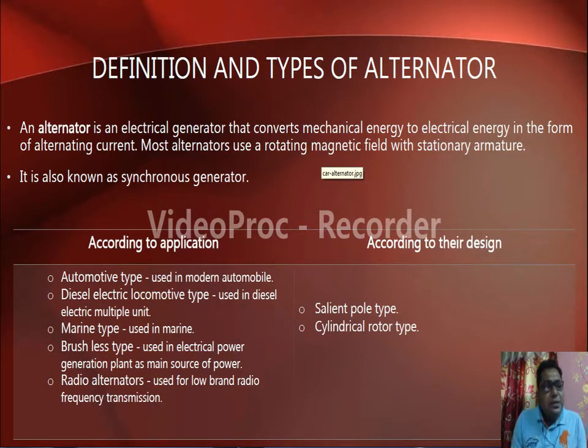Next is the diesel electric locomotive type, used in diesel electric multiple units. As we know, a DG set, the diesel generator, burns diesel and converts that energy into electrical energy. There we use this kind of alternator.